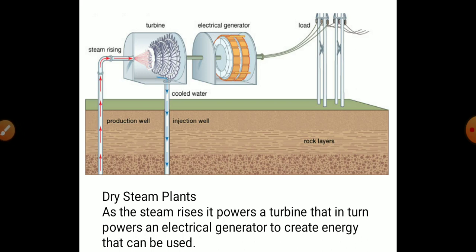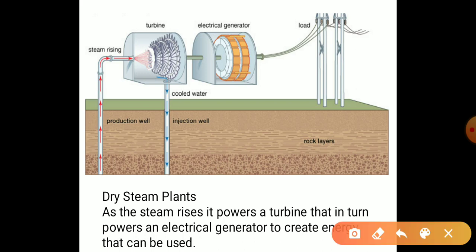Here a production well is present which passes the steam to the turbine position, and then the cooled water comes again to the geothermal zone. So this is the path which is created there.